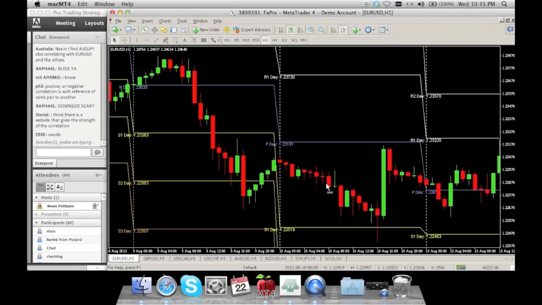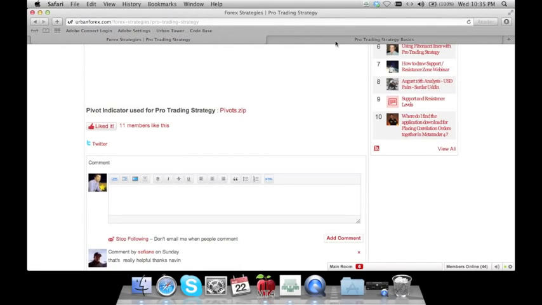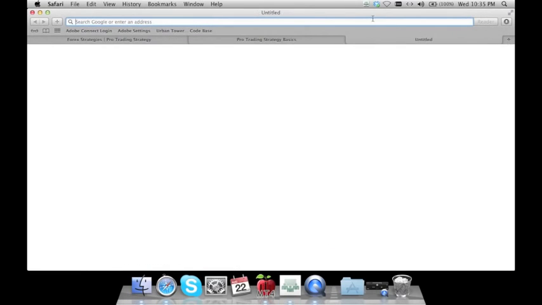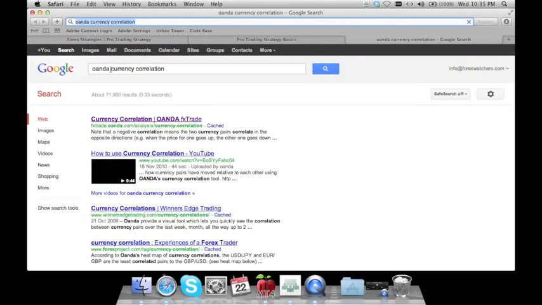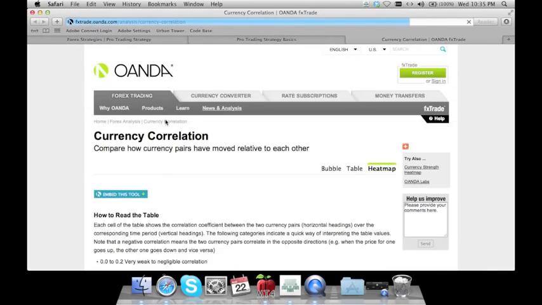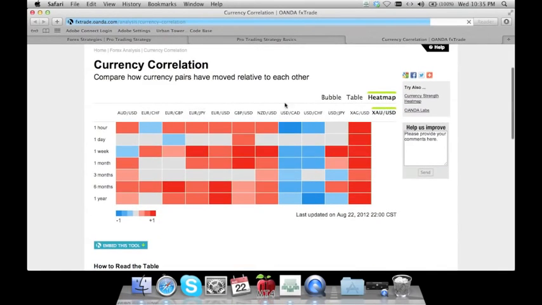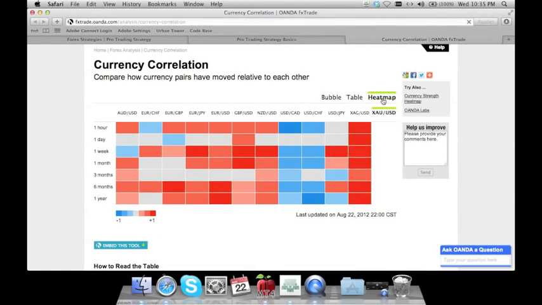So how do you check correlation? What is correlation? Let me explain it the easy way. There's a website from Oanda. I go to Google, I type Oanda currency correlation. I click on the first link, which says currency correlation from Oanda. I click on heat map, and I can select any currency I want.